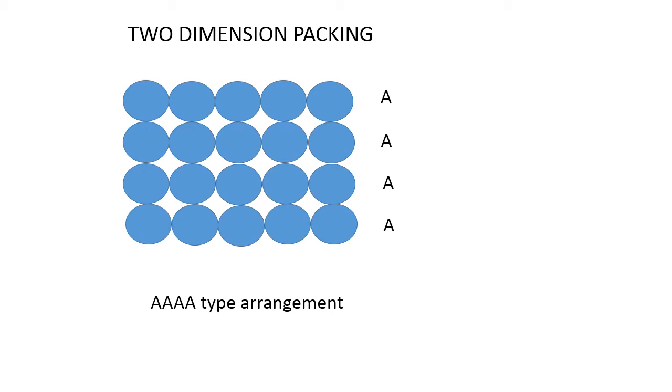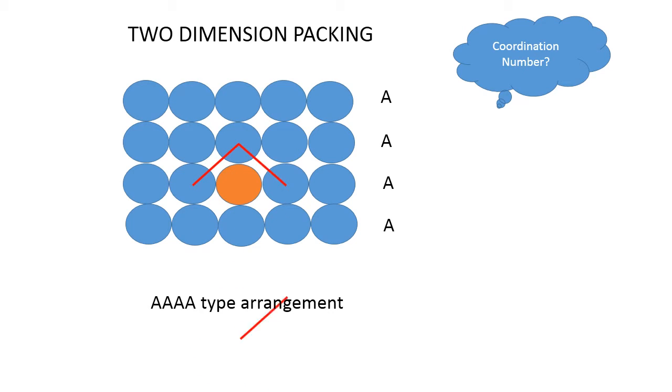Now we have one more question which arises, and that is, what is the coordination number? We select a sphere, the one which is colored, and we now try to observe how many spheres are touching the colored sphere. So we now join the centers of the neighboring spheres which are in contact with the colored sphere.